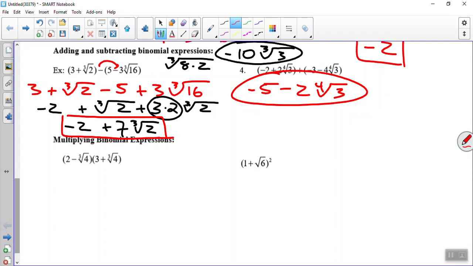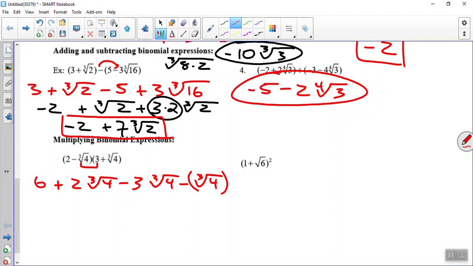So the first term here, 6, outer term plus 2 cube root of 4 minus the inside here 3 cube root of 4 minus the cube root of 4 squared.